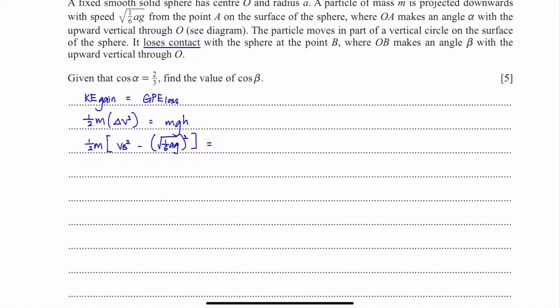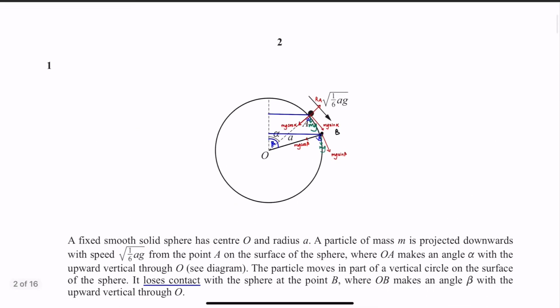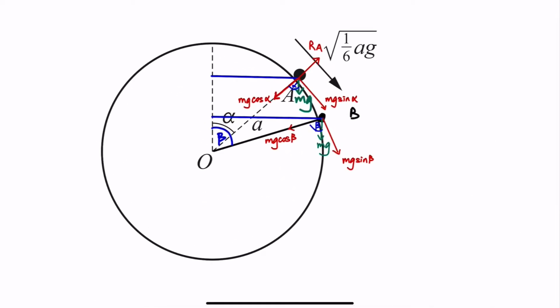And for the GPE, we have mg times the height, which is this height over here that we have to find. So this whole thing would be a cos alpha, right? Because this line over here is a.